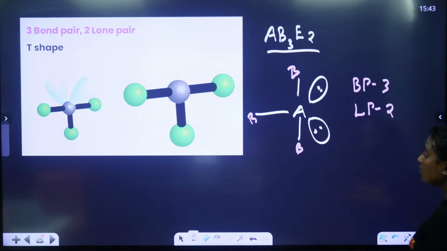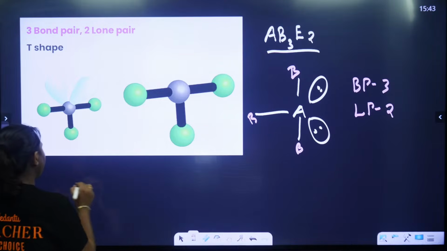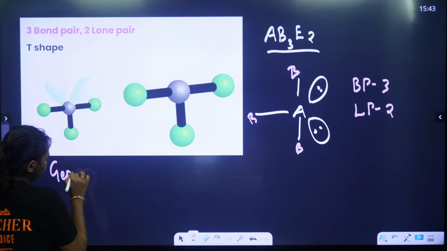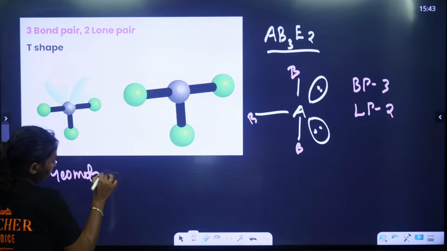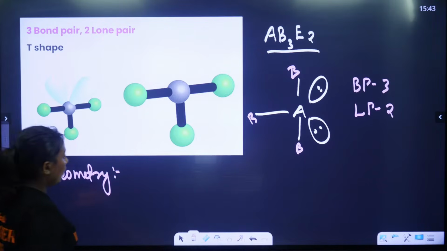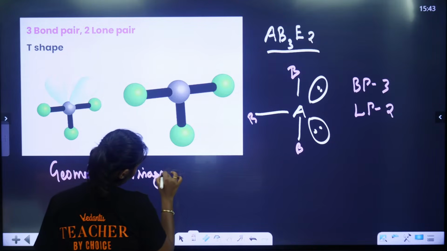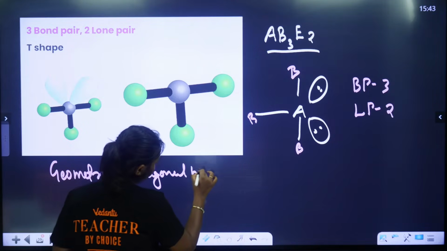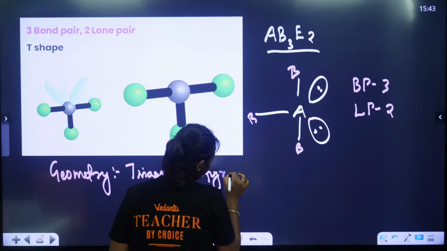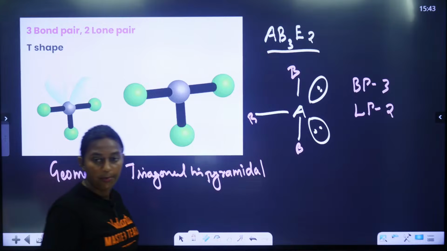Now I am going to write the shape and geometry. Tell me, what is the geometry? Geometry is trigonal bipyramidal.